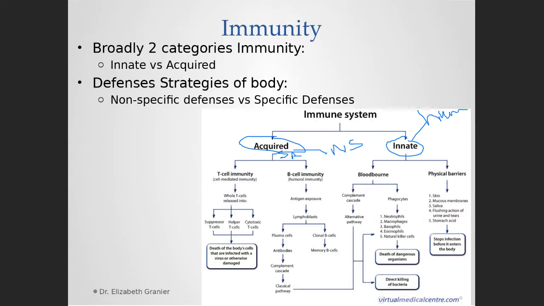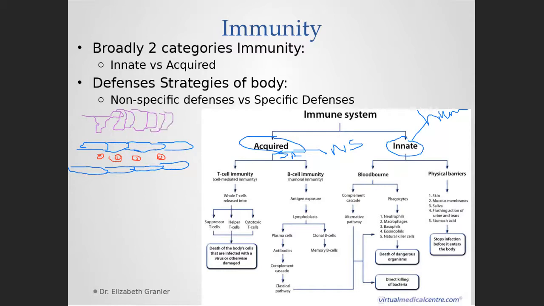Remember, in our blood vessels, I'm going to try to draw a little blood vessel here. They have all these simple squamous epithelial cells, and this is my blood capillary. Here are my little red blood cells. And over here I'm trying to draw simple columnar cells that line my intestines.